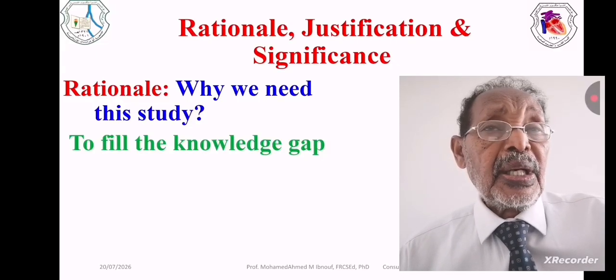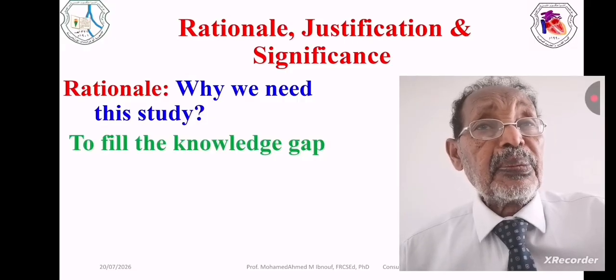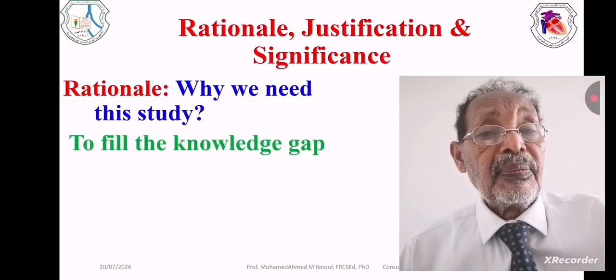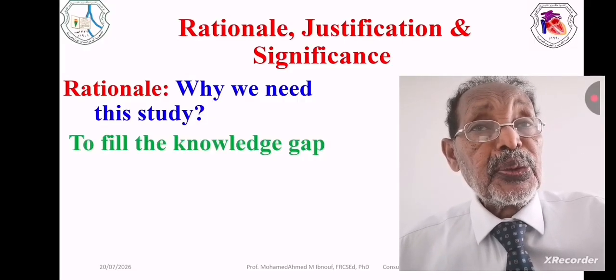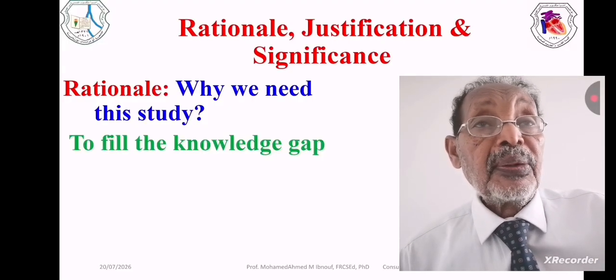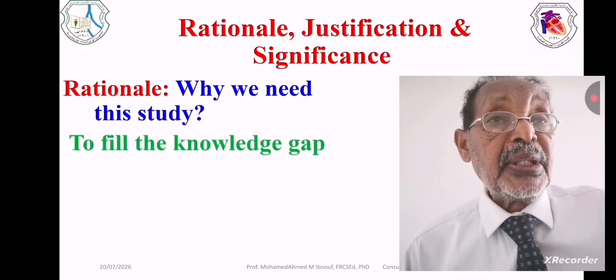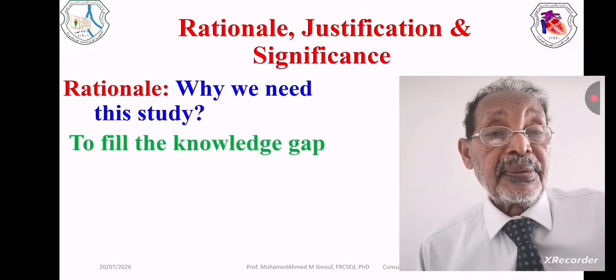Logical orders, rational talk means acceptable talk. So the word is rational and rationale. And here we are speaking about rationale, not rationale as some people pronounce it. It is rationale. We extend the last A, the last vowel letter.